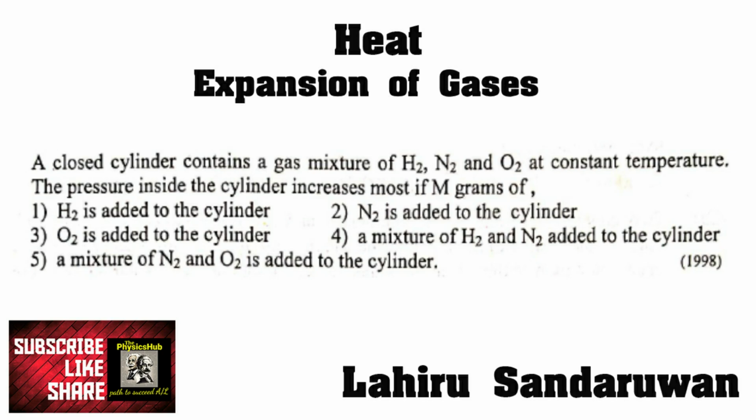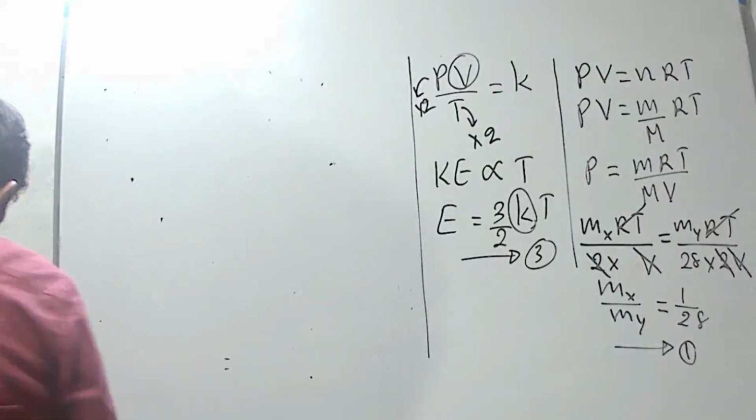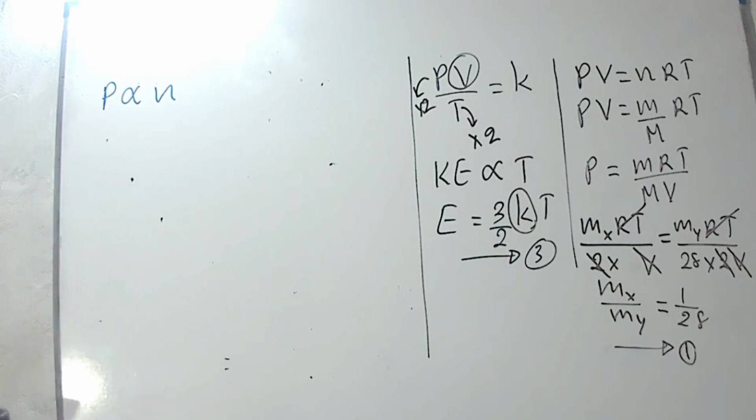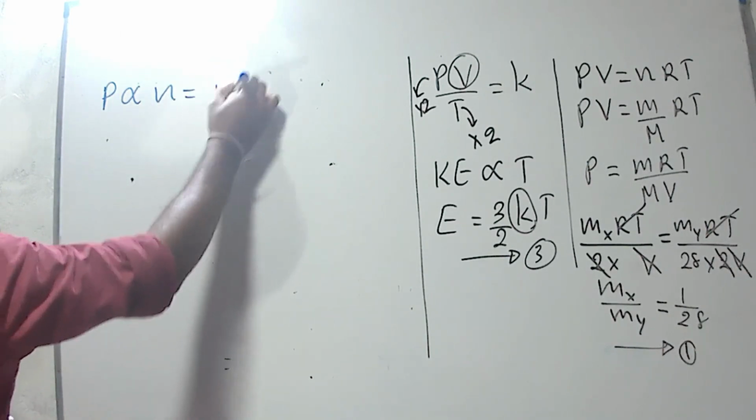A closed cylinder contains a gas mixture of hydrogen, nitrogen and oxygen at constant temperature. The pressure inside the cylinder increases most for capital M grams of which gas? We have to find the gas type. We know that pressure is directly proportional to number of moles. Number of moles means mass divided by molar mass.